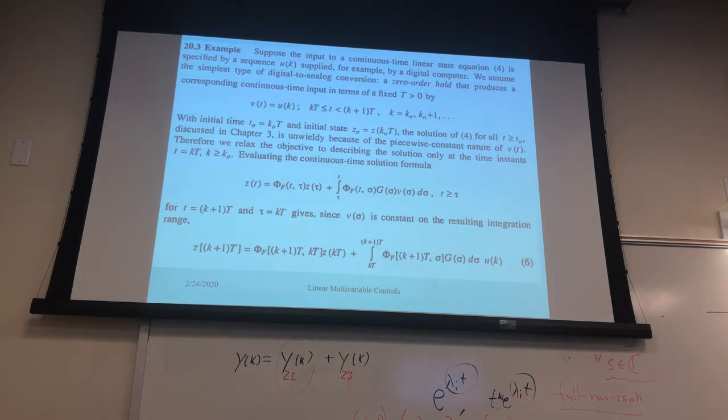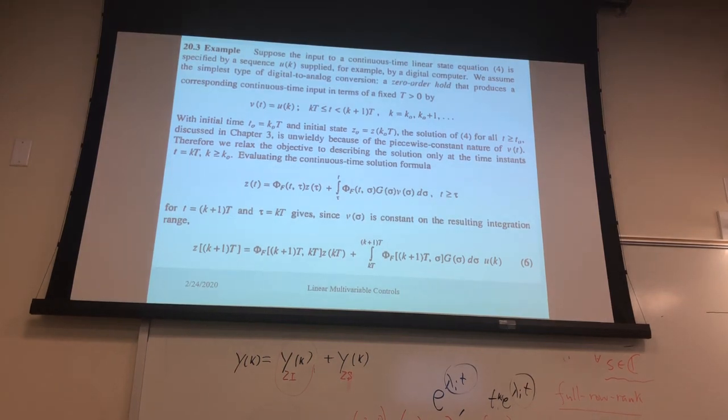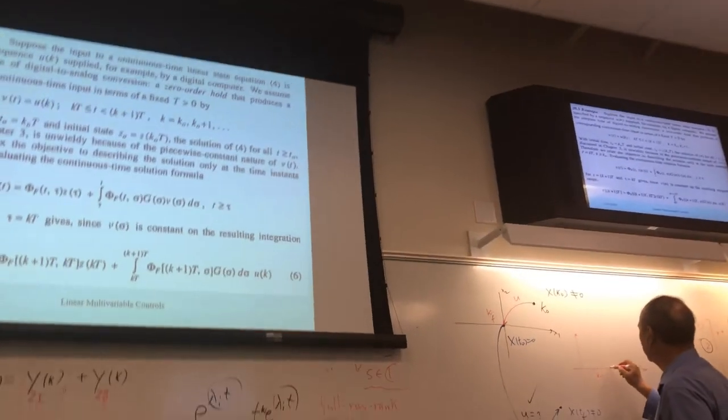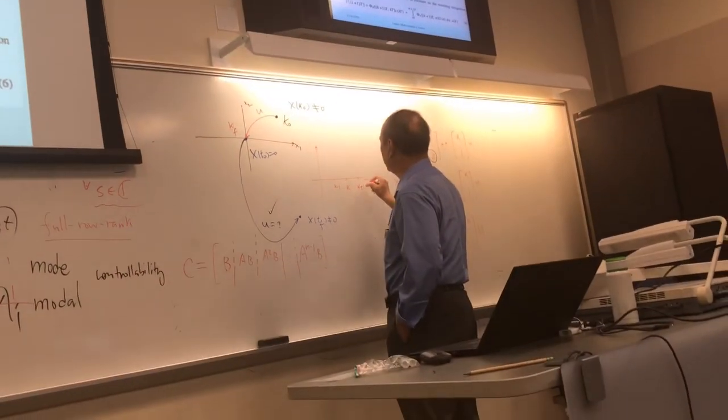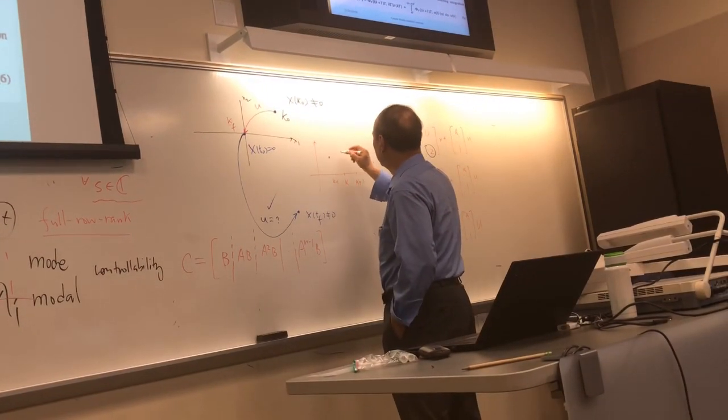But in general, there is a mechanism called holding mechanism. So you are at time kT, your sampling period is capital T, and in between k and k+1, your signal is not like a dot.